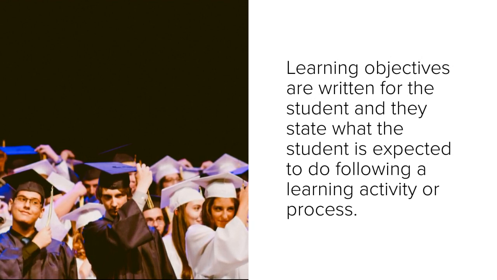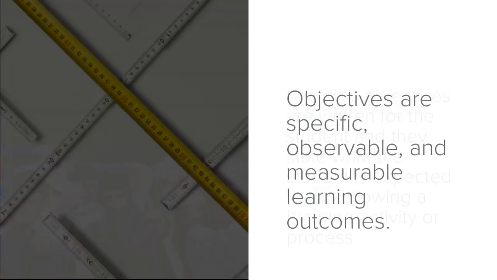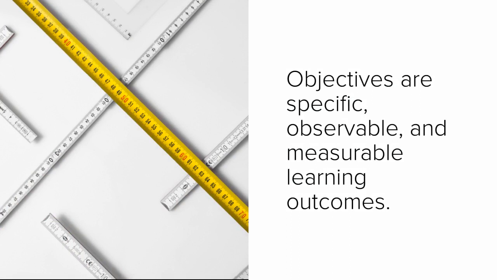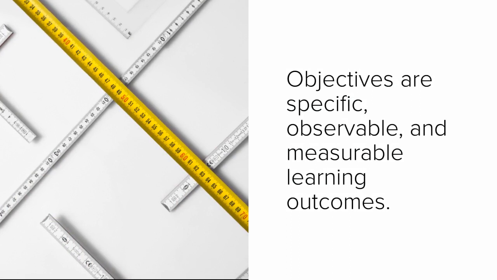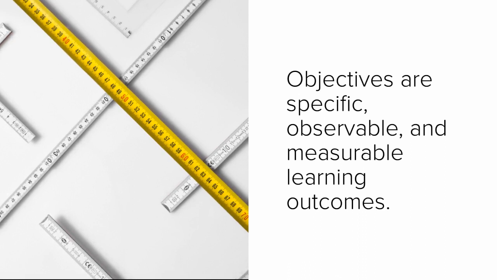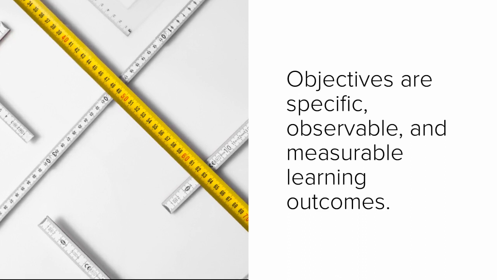It says what the student is expected to do following a learning activity or process. And secondly, learning objectives need to be specific, observable, and measurable so that you know exactly what the students are supposed to be able to have accomplished at the end of a particular unit.